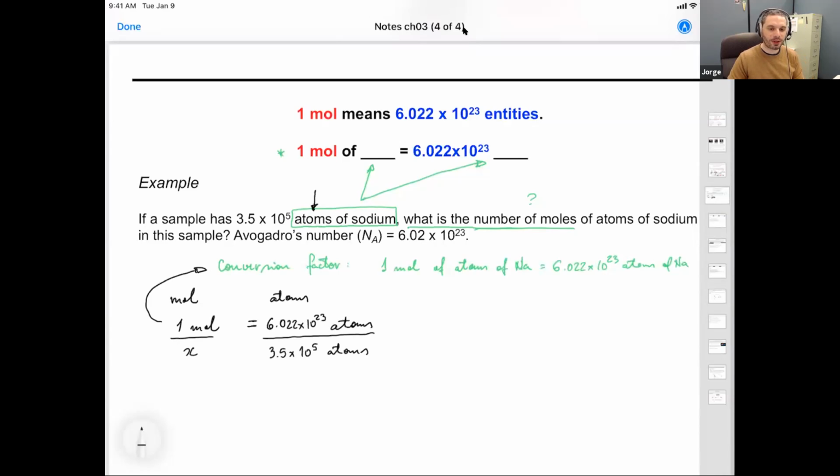Okay, so from here is just a simple proportion. Let's do a cross multiplication. So it's going to be x times 6.022 times 10 to the 23rd atoms equal to 1 mole times 3.5 times 10 to the 5th atoms.